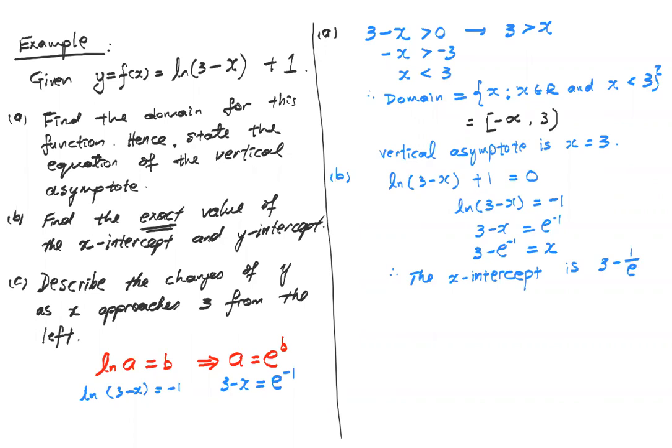Can someone use the graphic scientific calculator and give me the approximate value for this one? Take out your calculator and give me the approximate value, please. Is it 2.67? Let me check.